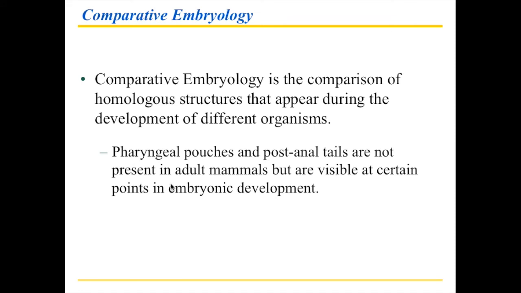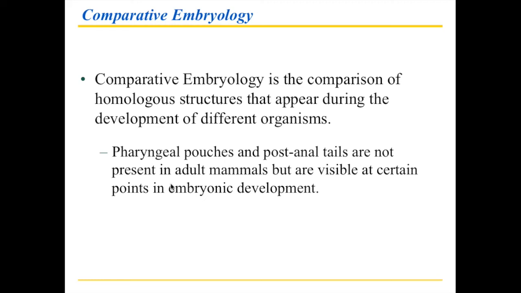Now there are a couple of surprises in this, because it turns out that during our development, both you and I had at some point pharyngeal pouches, which normally would turn into gills if you were a fish, and post-anal tails. Now we don't have any post-anal tails. We don't have any tails that we can swish around the place, right?